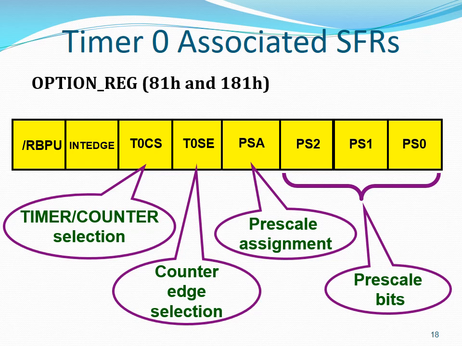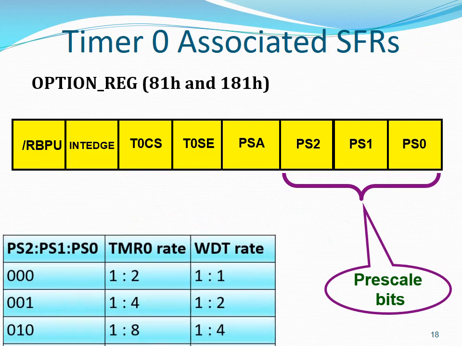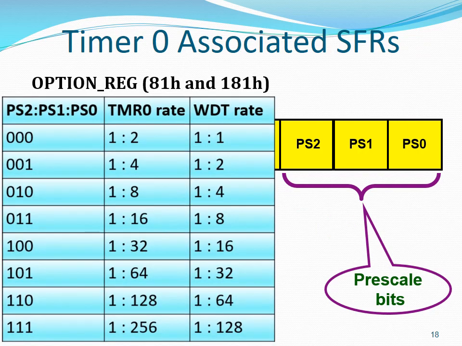PS2, PS1, and PS0 are the bits that are used to define the prescale ratio. The prescale ratio is defined as shown in the table.